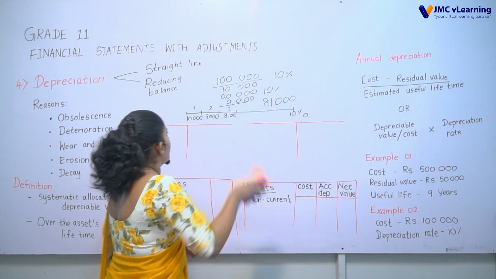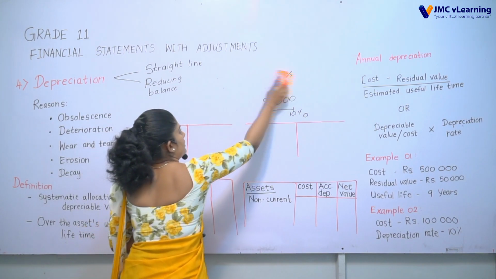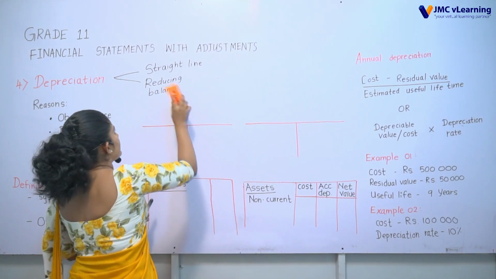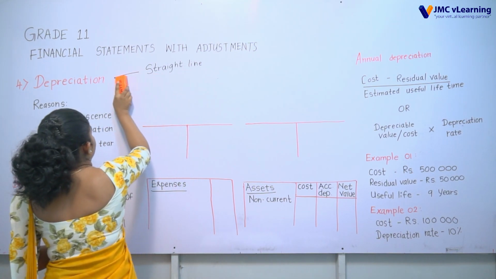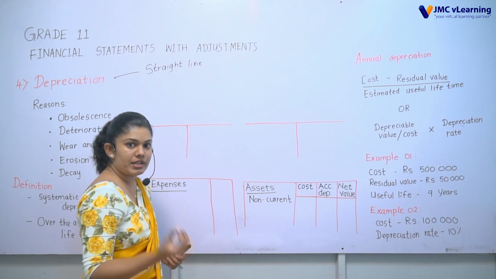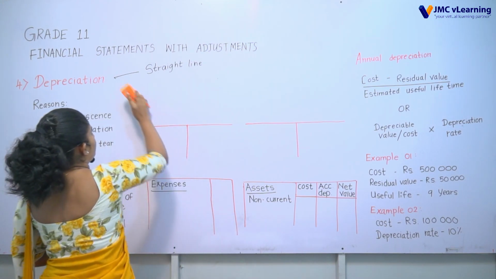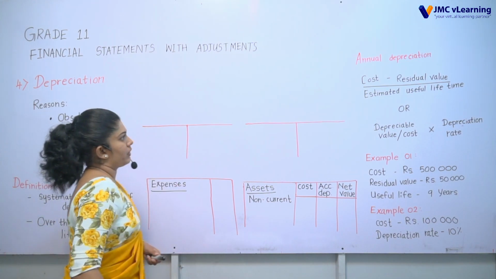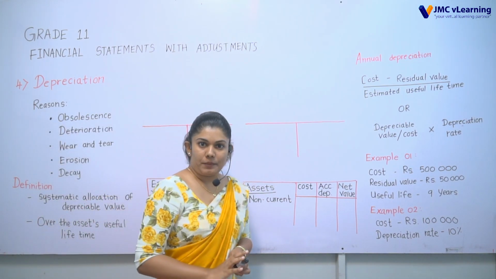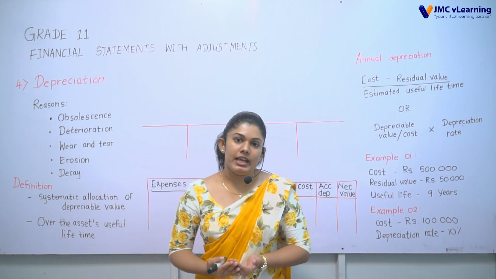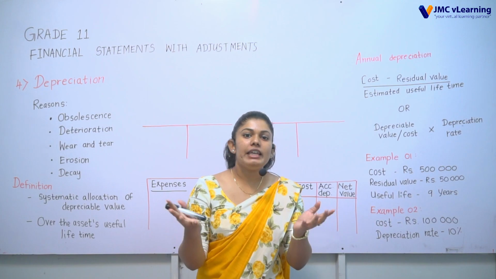So, for our grade 10 syllabus, we only have this straight line method. That means a fixed proportion will be charged as depreciation. Now, we'll go to the calculations. Annual depreciation. Depreciation amount of an asset for a certain year.